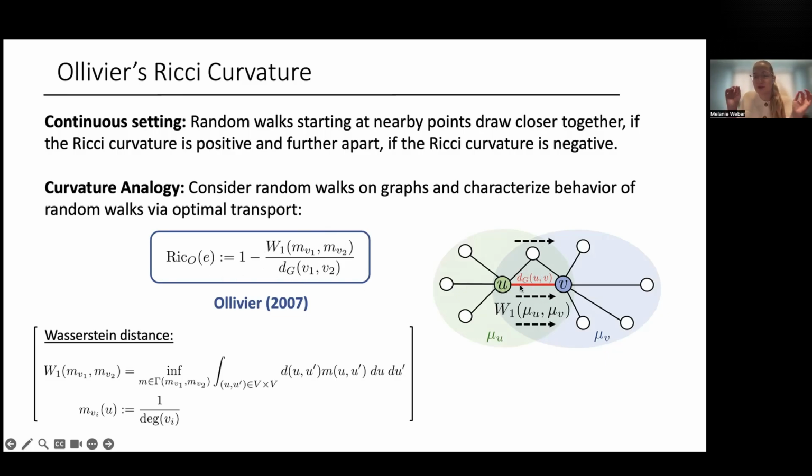So in our case, for two adjacent nodes on an unweighted graph, this is just 1, right? So if there's not a lot of overlap, this Wasserstein-1 distance is going to be large, and then 1 minus something large is negative, right? So we have exactly this behavior that we want to model from the continuous setting. If there's a lot of overlap, the Wasserstein-1 distance is small. 1 minus something small gives us something positive, and that's exactly the behavior that we want, right?